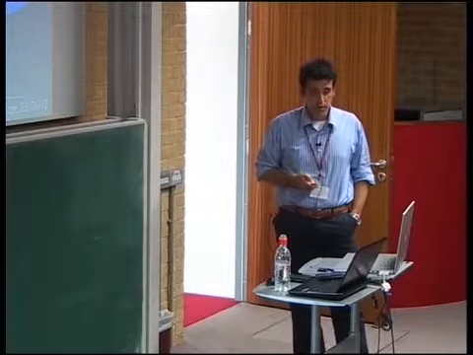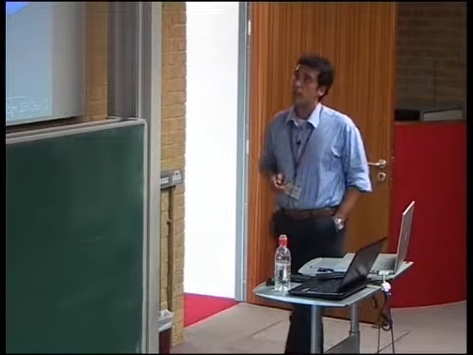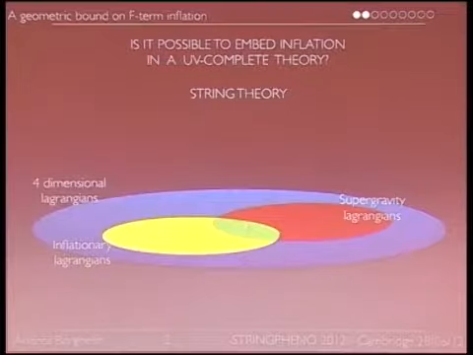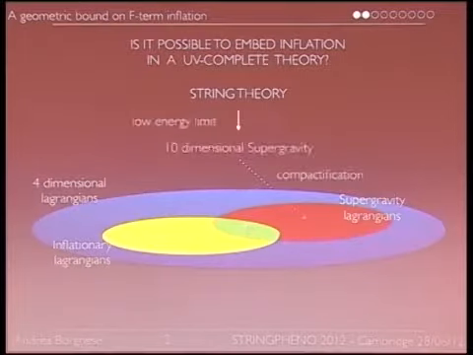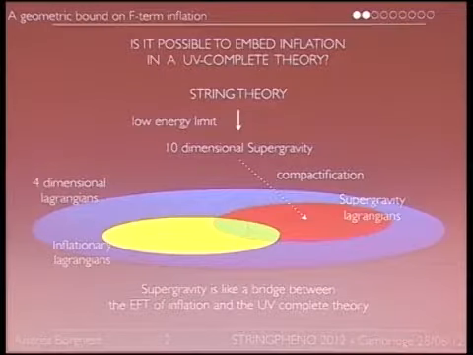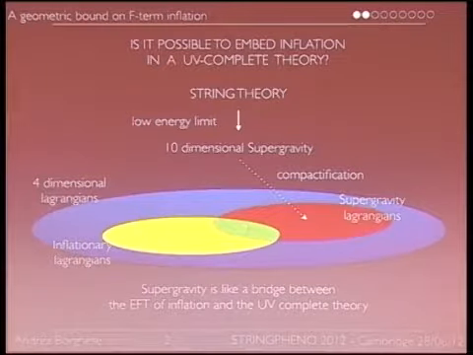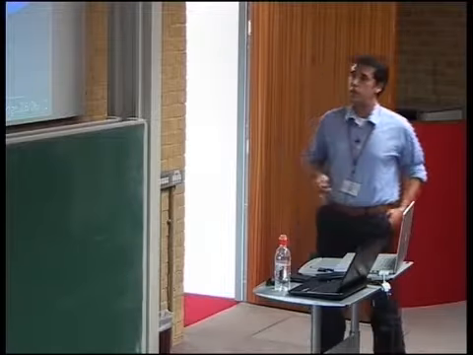And I will try to see whether there is the possibility of an overlap of these two sectors, without thinking about the fact that supergravity could be related to string theory via compactifications or other stories. So in some sense, this is an effective field theory approach, but supergravity can be seen as a bridge connecting the effective field theory, so your favorite model of inflation, to a UV complete theory like string theory.